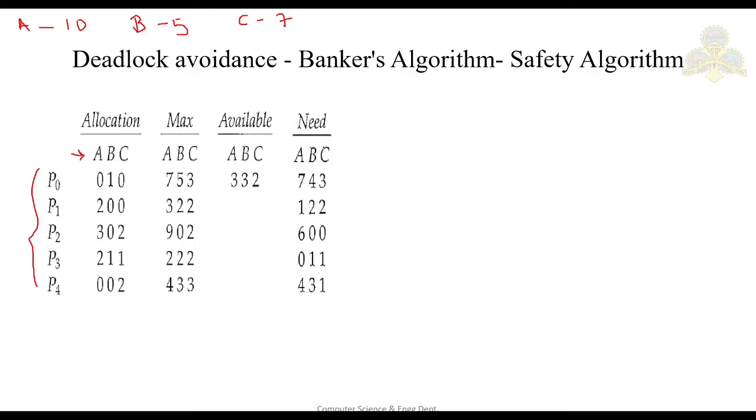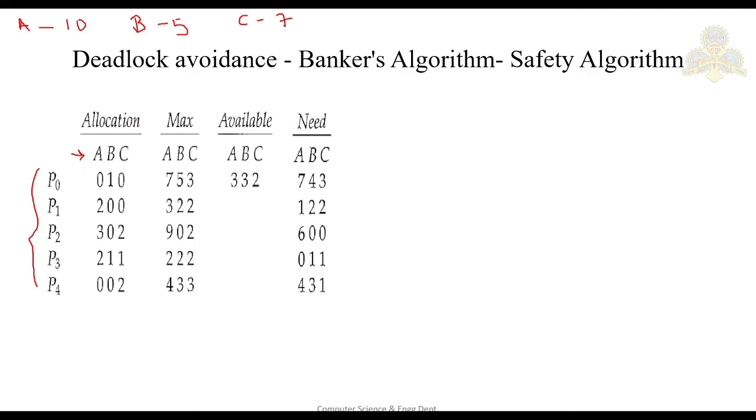Then the need. What is the formula for need? Need is equal to maximum minus allocation. Maximum for P0 is 753, but out of 753 only 010 are allocated to P0. So how much more does it need? It still needs some resources to complete its execution, and that is your need.